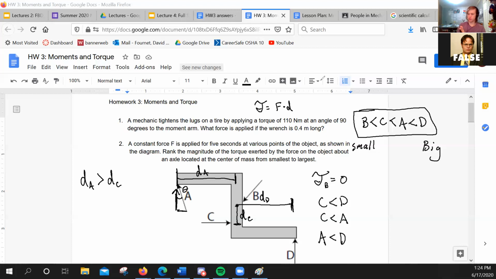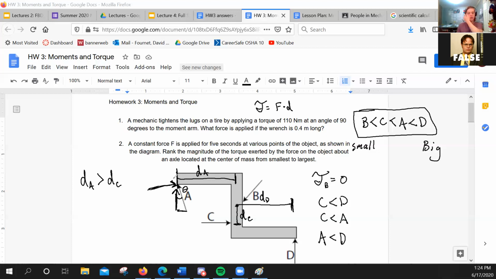And usually you would put math into this so that you would know exactly whether C is bigger than A or A is bigger than C. But because it's saying all the forces are the same, and this distance is significantly greater, we're just going to say that it is, okay? If A were coming at an angle like this, that might be a different story.